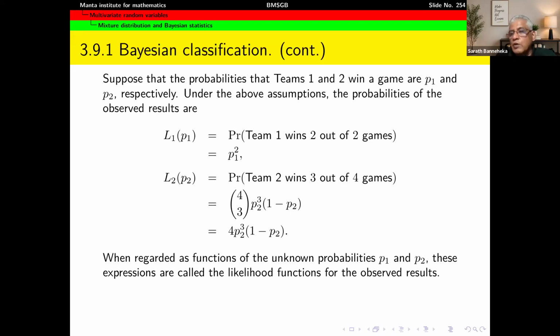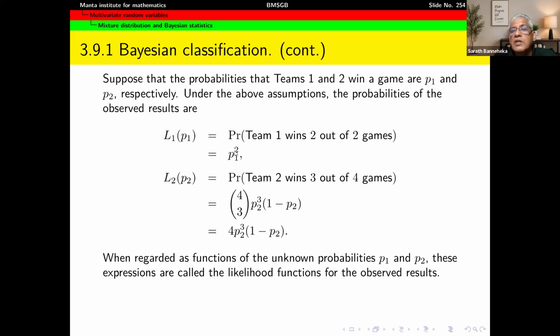So the probability they have won 3 games, the probability of what we have observed, is given by 4C3 P2 to the power 3 times (1 minus P2). So these two expressions are the so-called likelihood of winning. Likelihood of winning is not a probability, because we have already observed this thing.